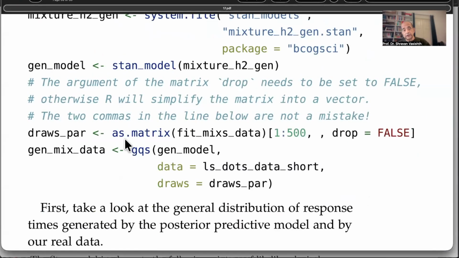Actually, I must say I've never used this function because generally speaking, the posterior predictive checks that I use when I'm fitting a model are just a basic sanity check, and I'm happy producing as many data points as there are. But I'm just telling you about this because it's in the chapter.